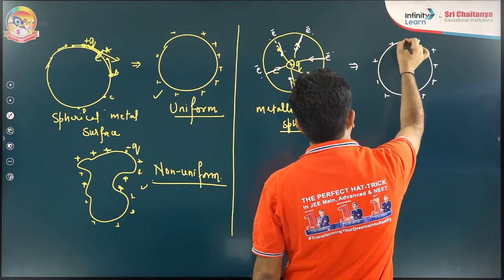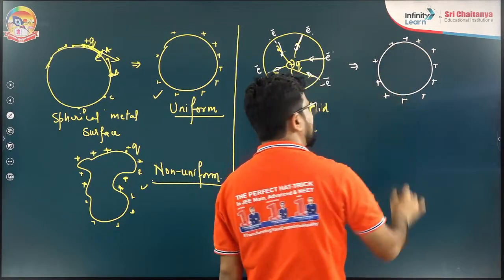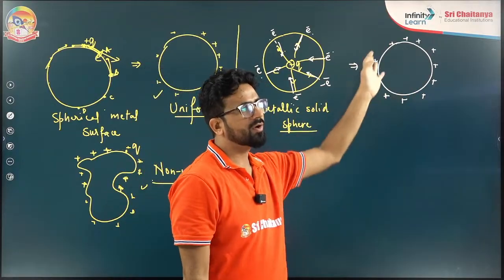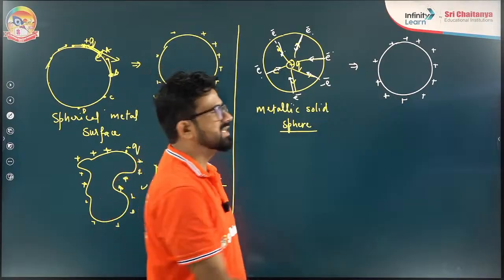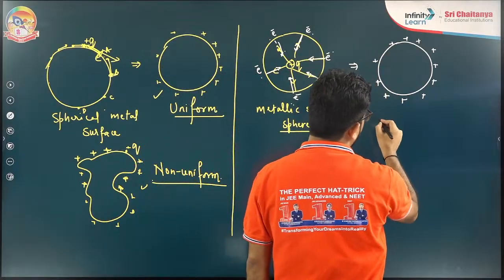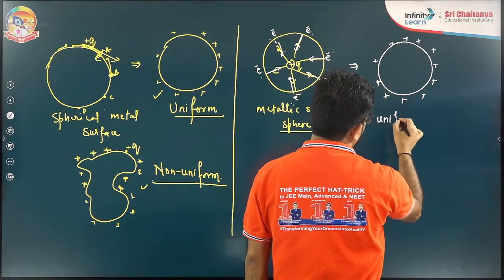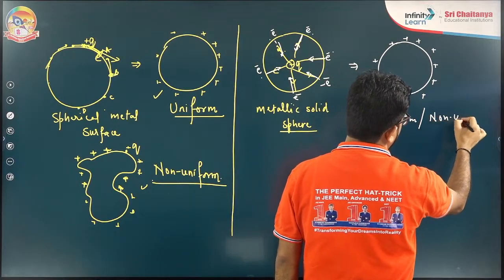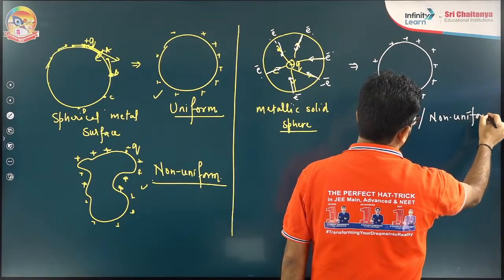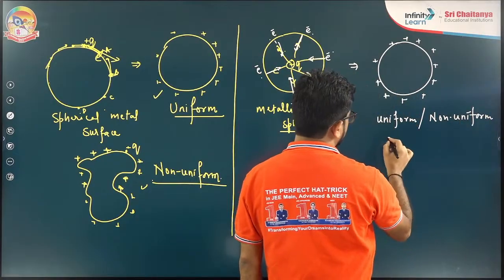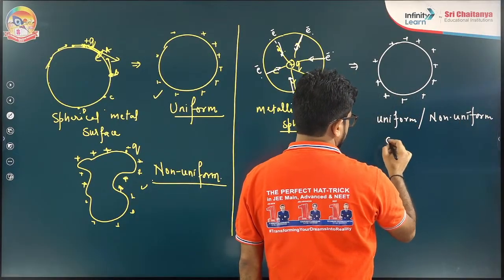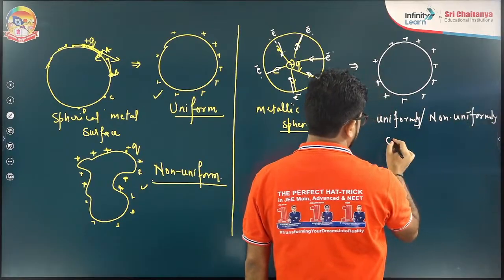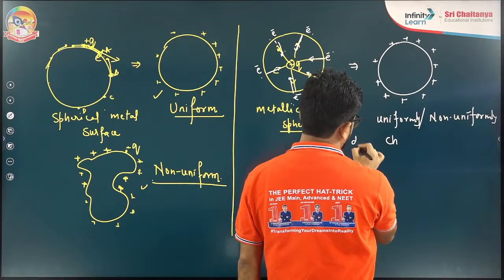Now again a question: please tell me, would this charge distribution be uniform or non-uniform? Tell me, beta.